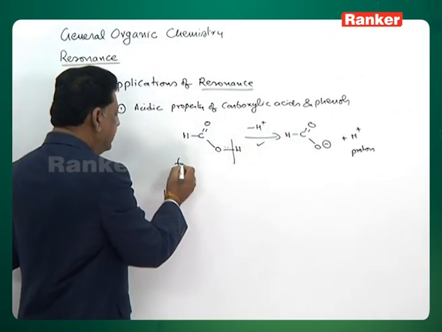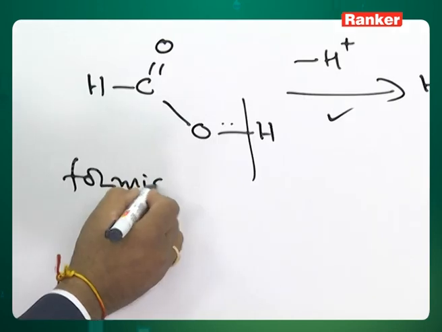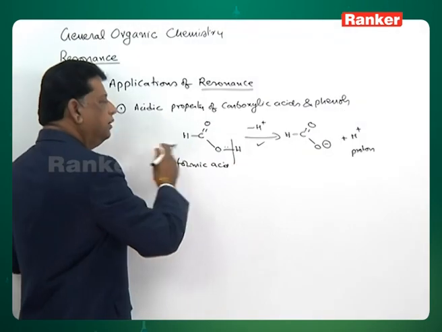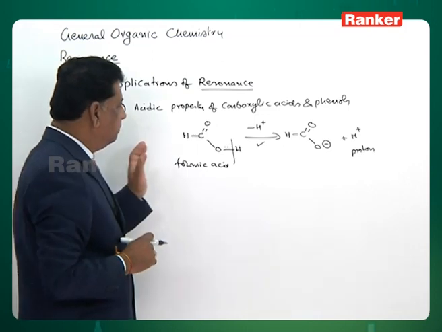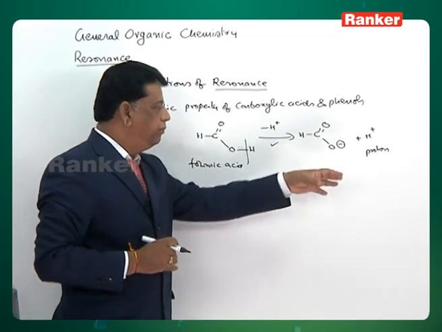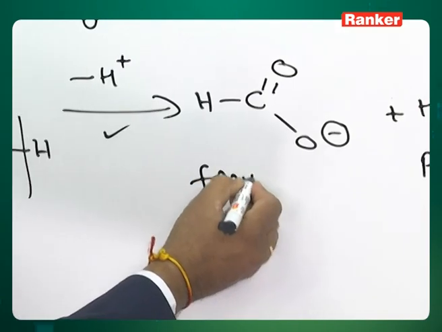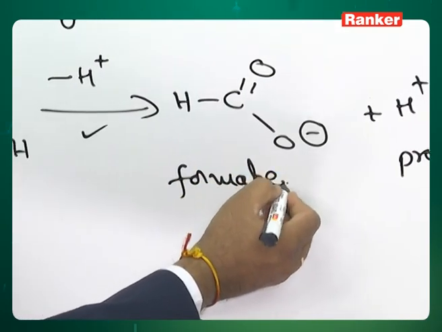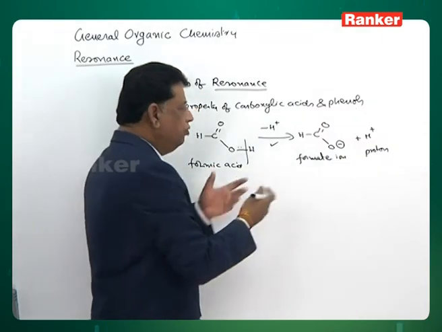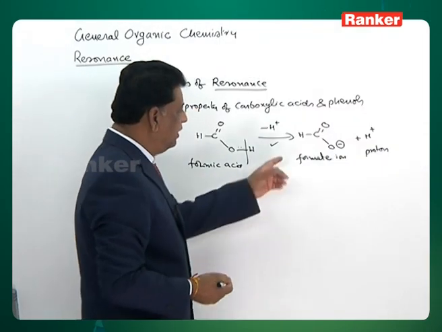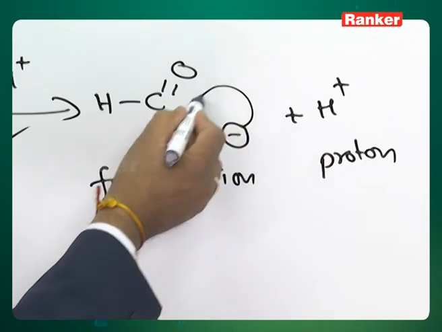Formic acid has a favorable situation to give this proton and form the formate ion. To form formate ion, it shows readiness. Why does it give the proton so quickly? Because the formate ion has a beautiful resonance.